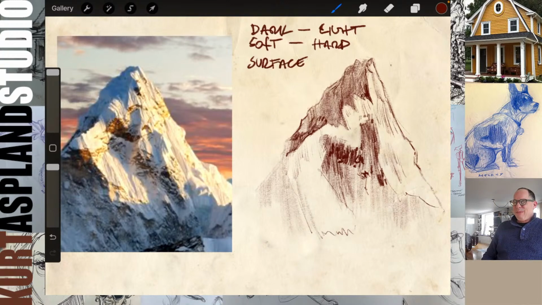I'm also really squinting at this drawing here to get some of these values, so that's going to help me as well.